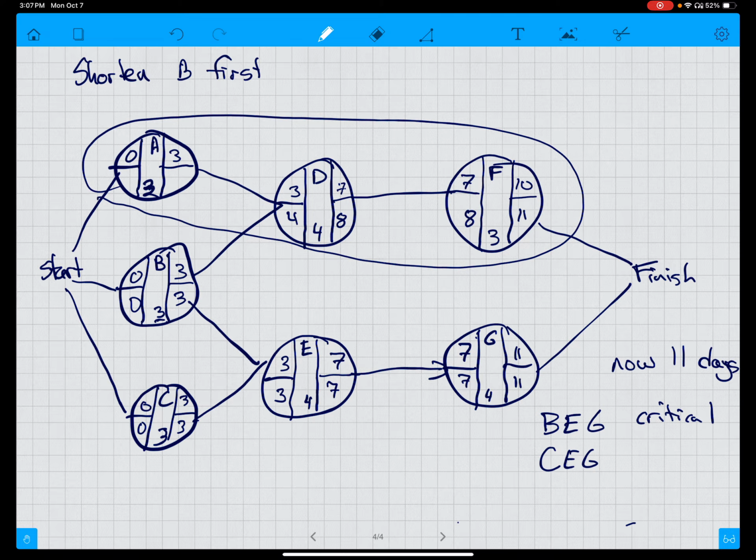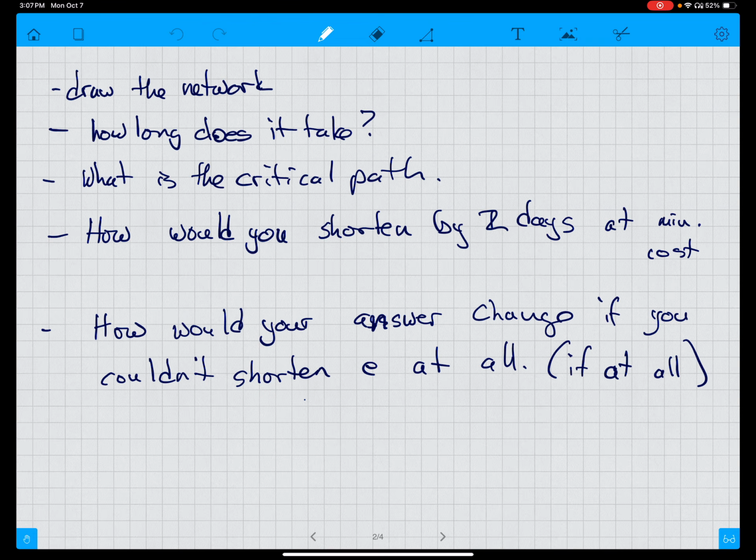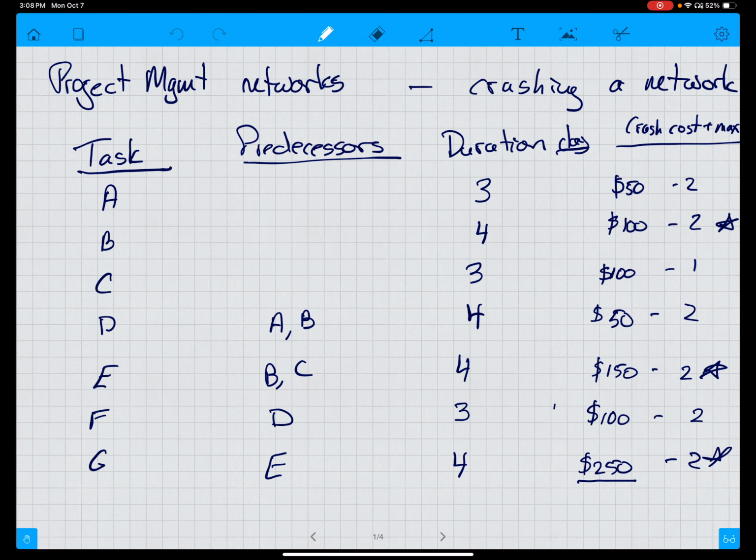So now we have the choice of shortening E or G because it's on both critical paths, or B and C together. So if we look back here, B is $100 and C is $100, but F is $100. Oh, sorry, F doesn't matter.